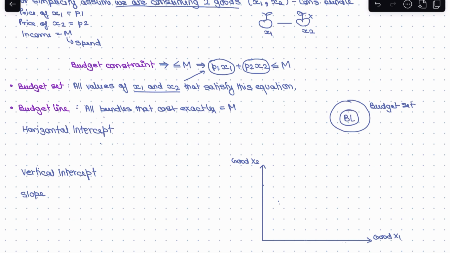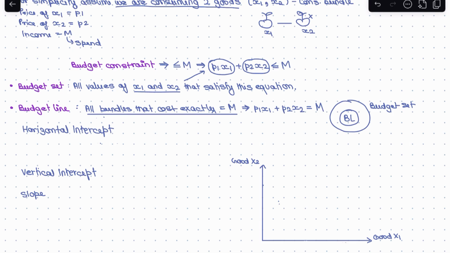It's a graphical representation of all the bundles, that is, all the values of X1 and X2 that exactly cost the income of the consumer. So, the equation of budget set can be modified to form the equation of budget line, and it will look something like this: P1 into X1 plus P2 into X2 should be equal to M.